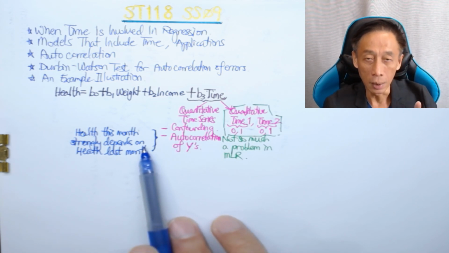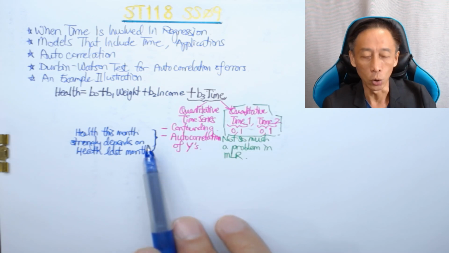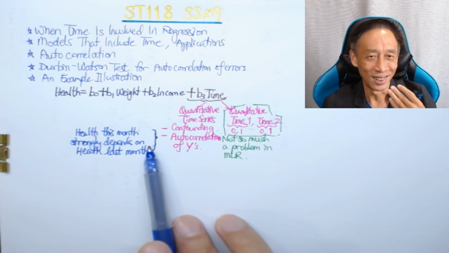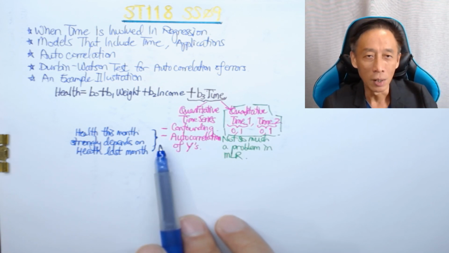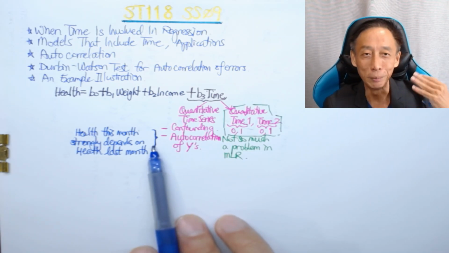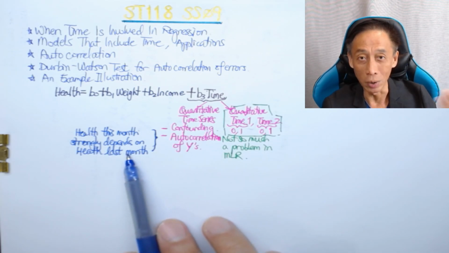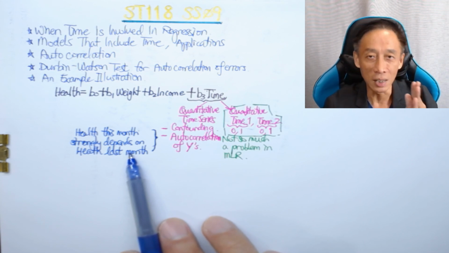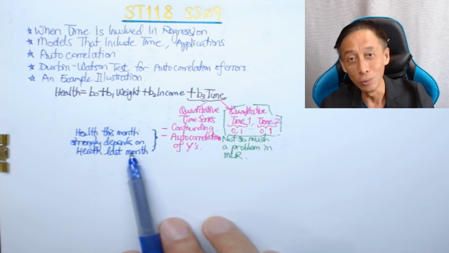If it turns out that the health of this person, because it's no longer just a baby but an adult, and adults sometimes drink, sometimes smoke, sometimes eat nutrient supplements to improve their health, sometimes perform diagnosis very frequently, some of the health nuts, then you will find that maybe the dependency is not just order one. So the health of this person depends on last month's health and the month before. Then it will be order two autocorrelation.